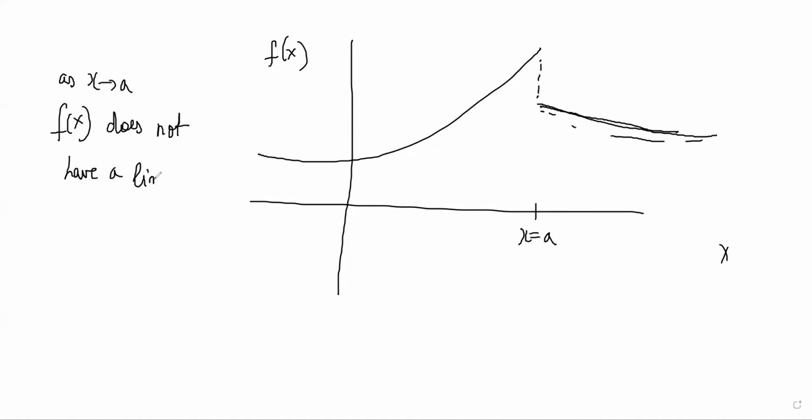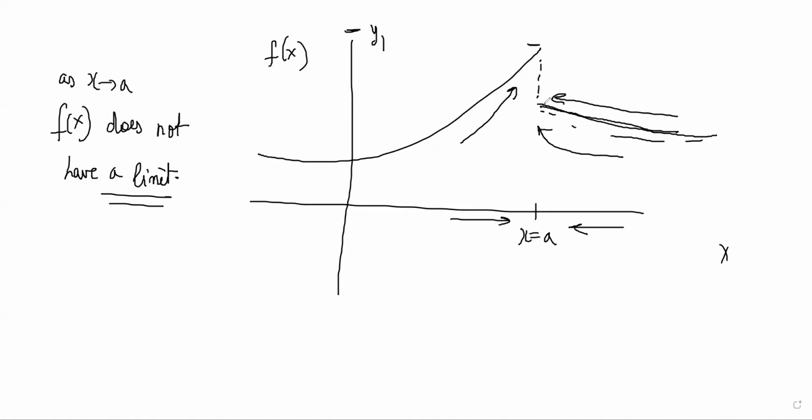What do we mean by that? What it means is that as you approach a from the left hand side and from the right hand side, the value of the function from the left hand side is becoming equal to, let's say, some y1, right? Whereas if you approach from this side, the value of the function is coming equal to some other value y2, right?